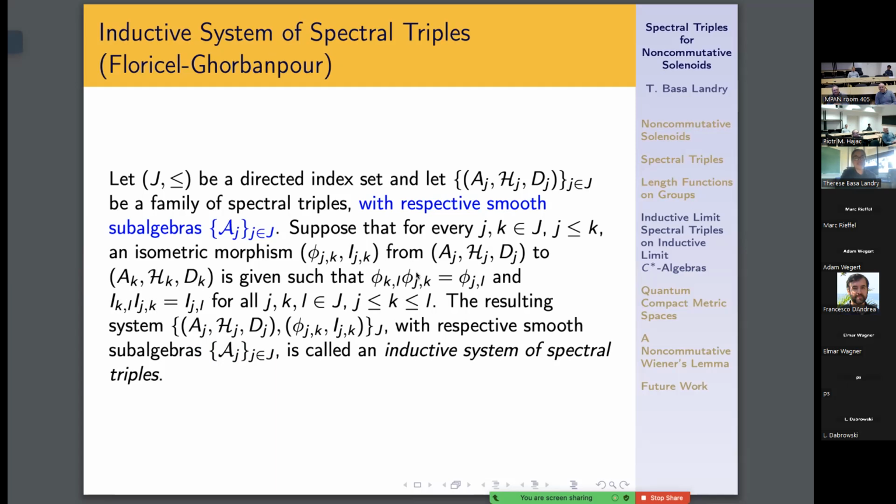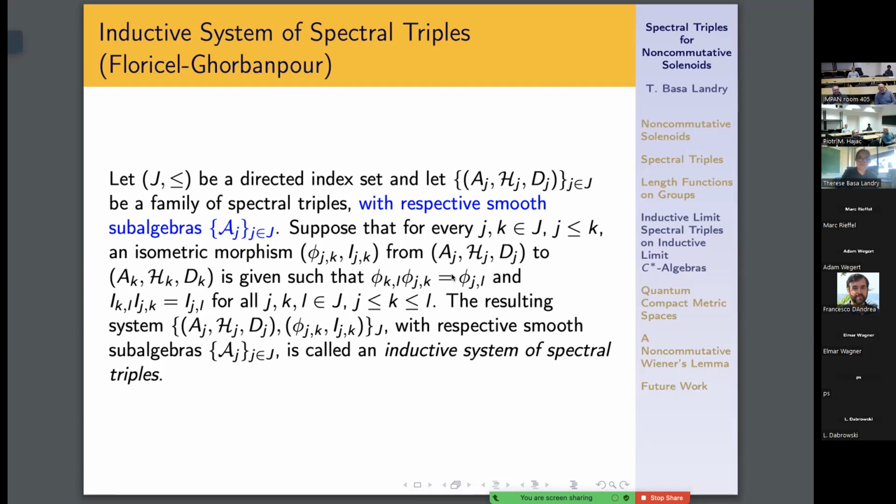But then with the isometric ones, when you have those types of maps between C-star algebras, that should preserve the distances or the sizes.